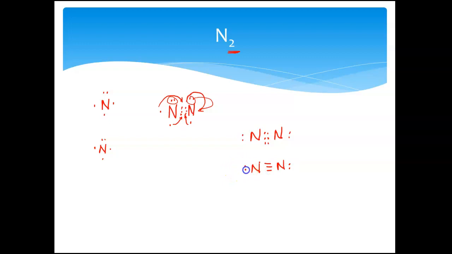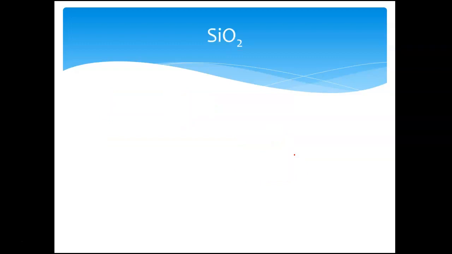And triple bonds are not that common in the real world because it takes a lot of energy to form these triple bonds. Most commonly are single bonds and double bonds. Let's again just double check. Do we have those 8 valence electrons? We certainly do for each of them. Okay. All right. Let's try the last one.